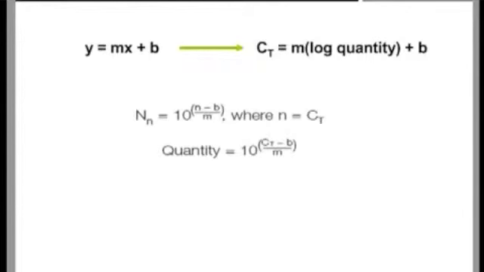From the equation for the linear regression, we can derive the following equation to determine the quantity, n, of an unknown sample, little n. The quantity of copies in sample little n is equal to 10 raised to the power of the quantity little n minus b over m. Little n in this equation is the CT value for the sample little n. Note that the units drop out of the equation.